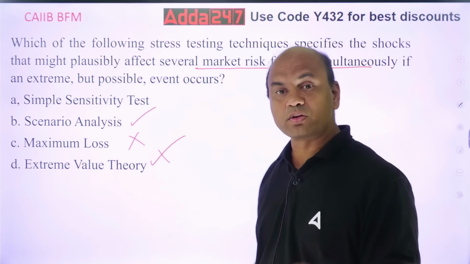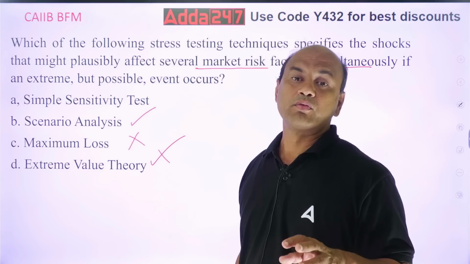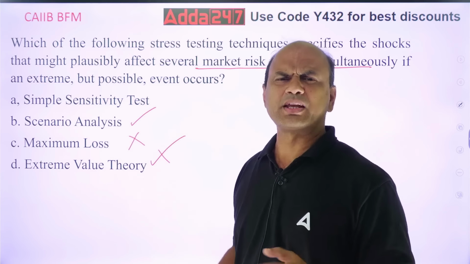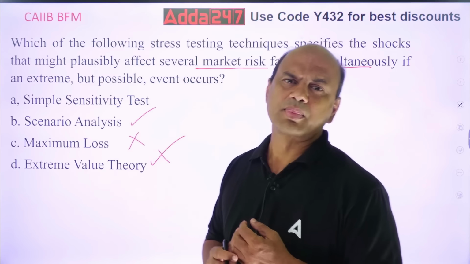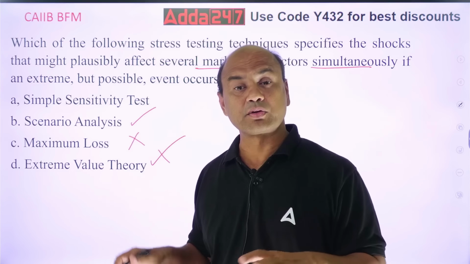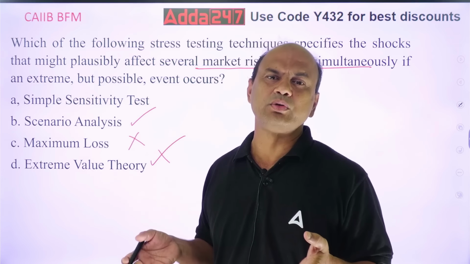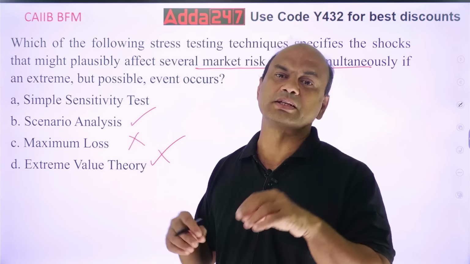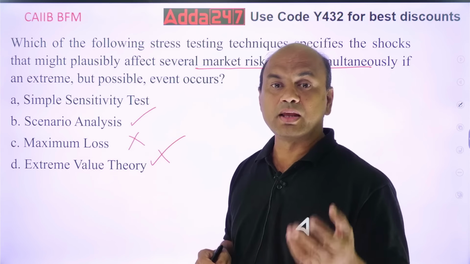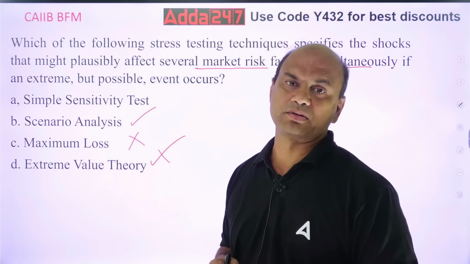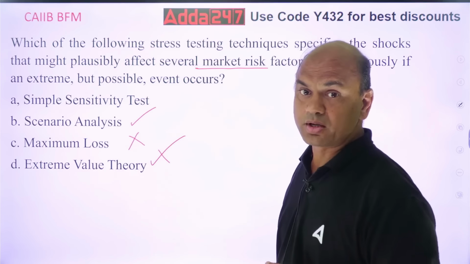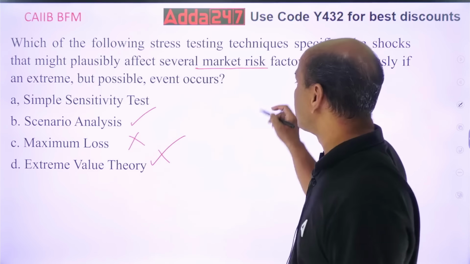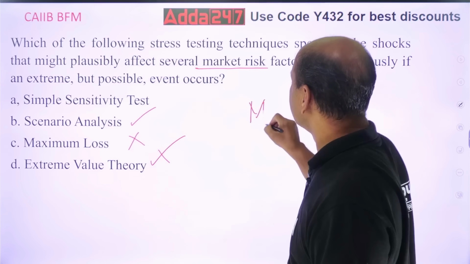And in scenario, you have one basic method. Various scenarios are considered over here, means all good and bad scenarios. What is scenario basically? You are combining various elements. One name in that is Monte Carlo simulation. Monte Carlo is one of the best methods for scenario. You have a lot of questions on Monte Carlo. Kindly note. Monte Carlo.